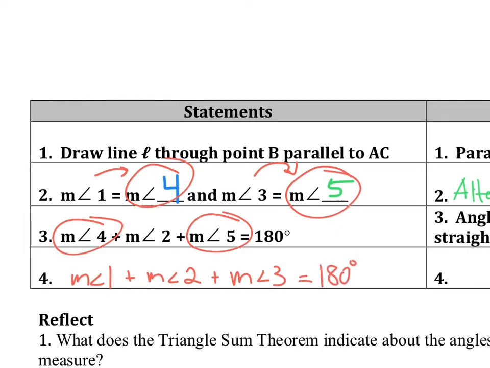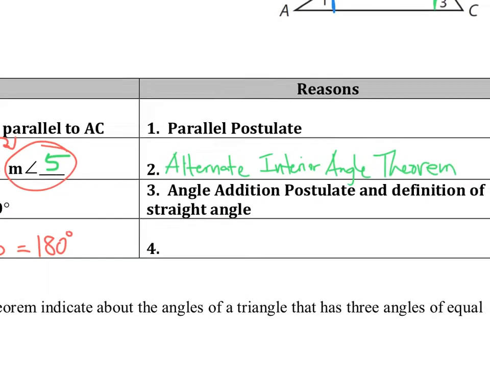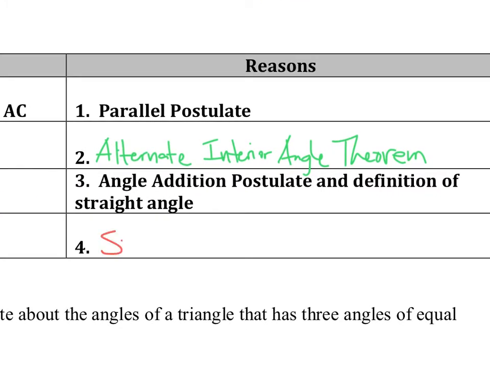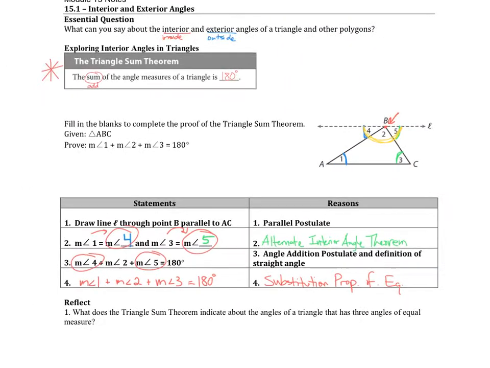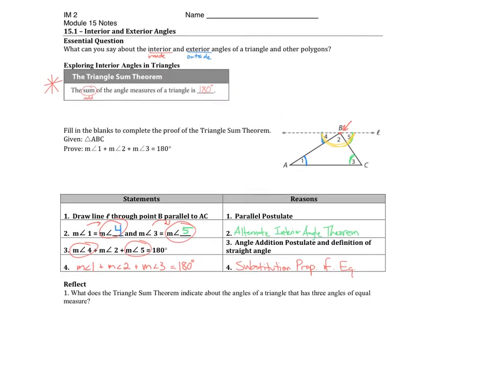And so anytime I plug something in for something else, that's called the substitution property of equality. Okay, so that's why it works for every single triangle.